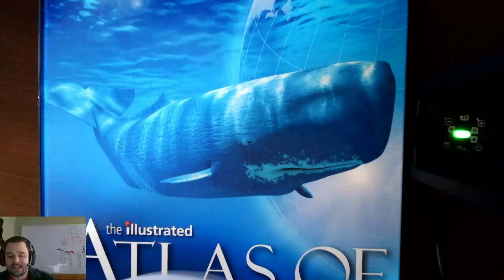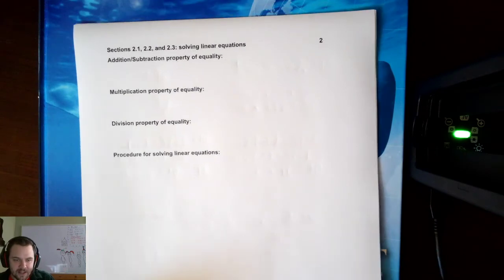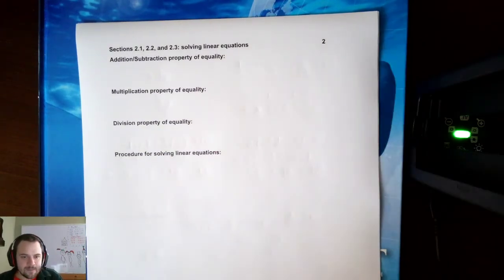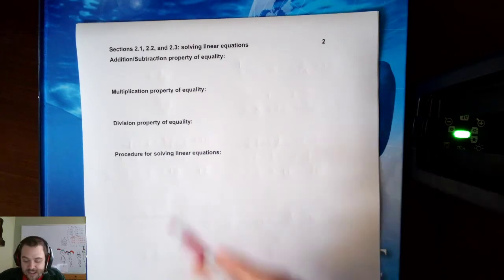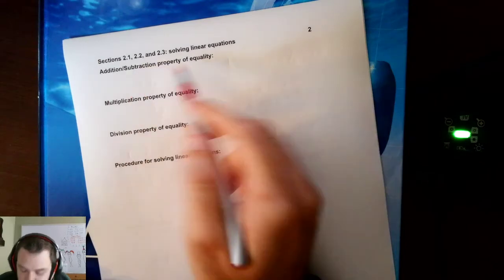And that is what this second page, that is going to be a hefty amount of writing, is going to deal with. It's going to teach us 3 different properties we can use, and then a procedure that will solve equations for us. The first is the addition and subtraction property.